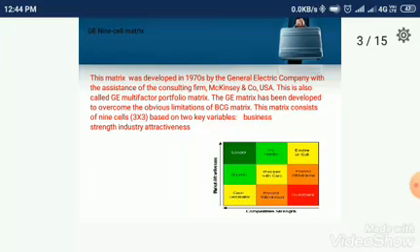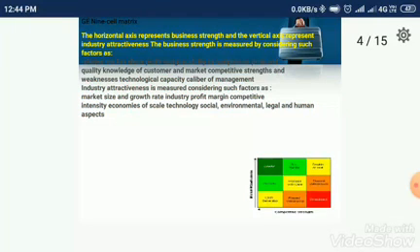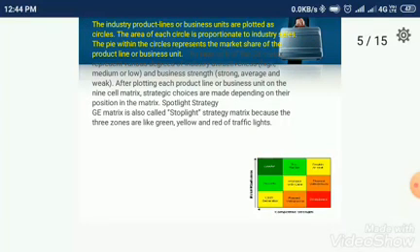There are 2 key variables: business strength and industry attractiveness. The horizontal axis represents business strength, and the vertical represents industry attractiveness. Different factors are considered for both of these. As I told you, 3 factors are considered for the x-axis and y-axis: strong, average, and weak.